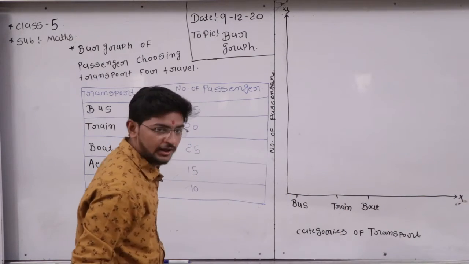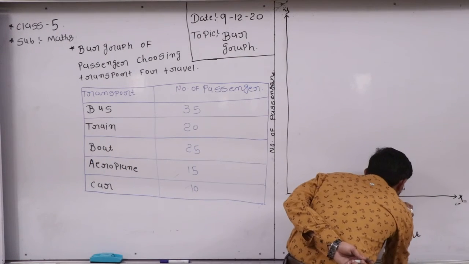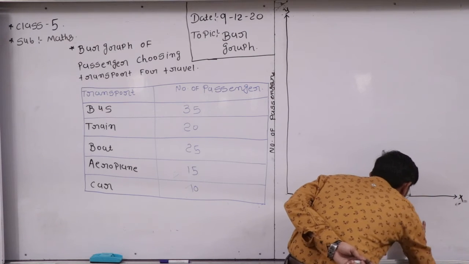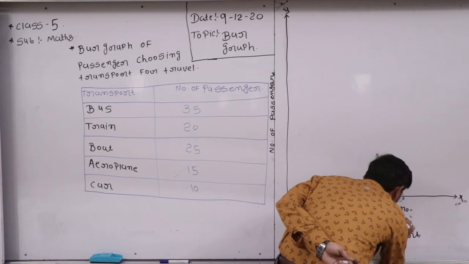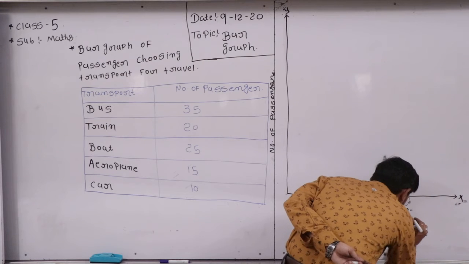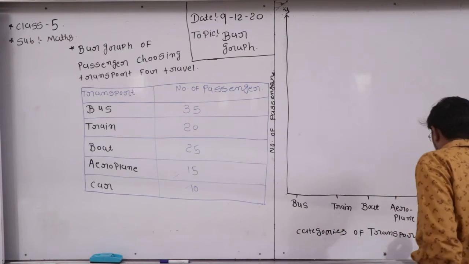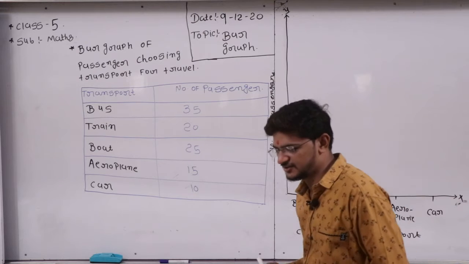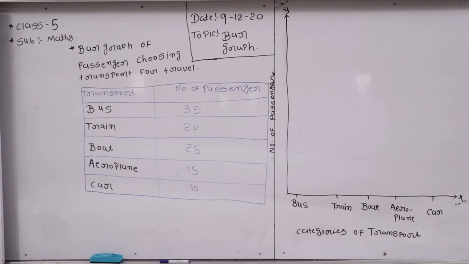Fourth one is aeroplane. And the last category of transport is car.